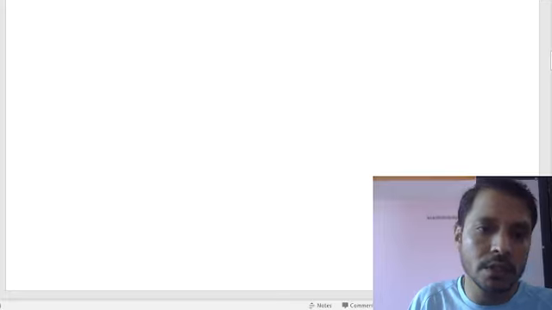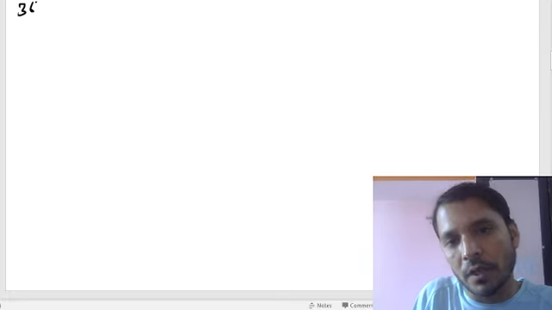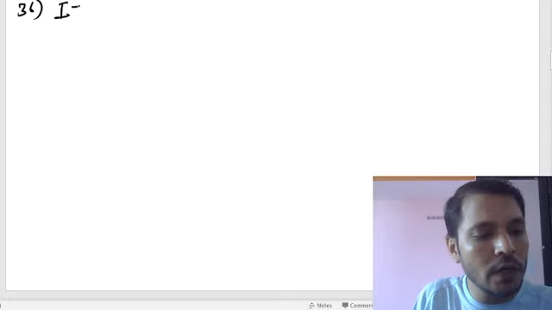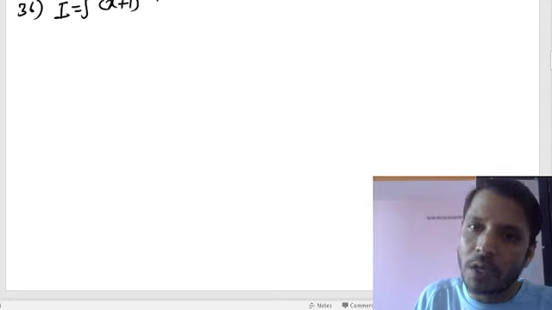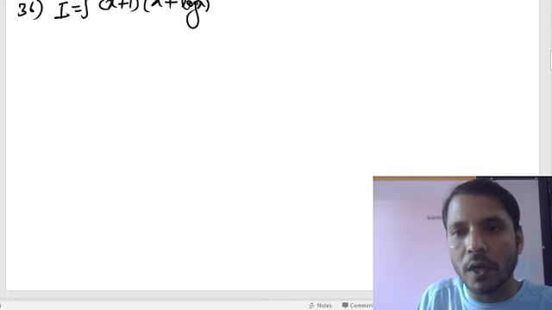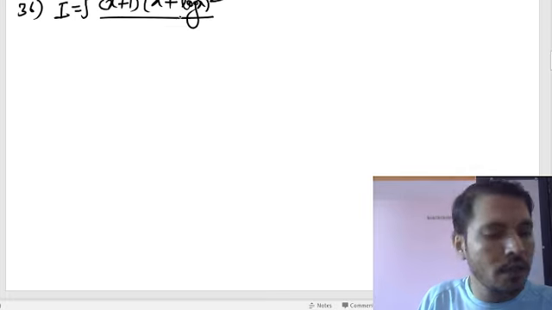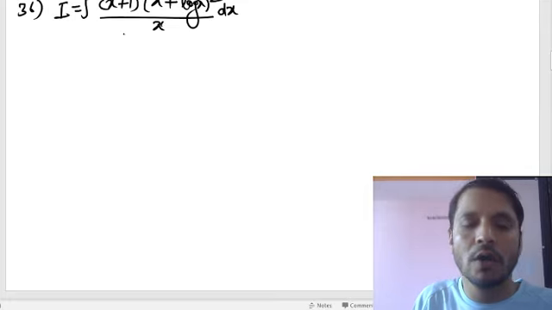Now question number 36. What is question number 36? We have given I equal to the integration of x plus 1, and then x plus log x whole square, divided by x, multiplied with dx. How can we integrate it?